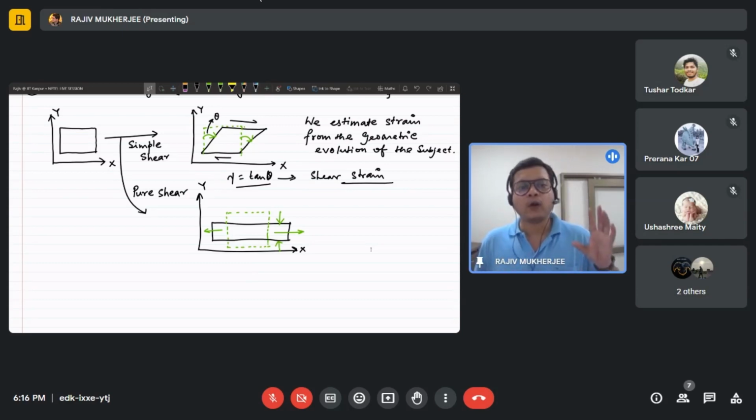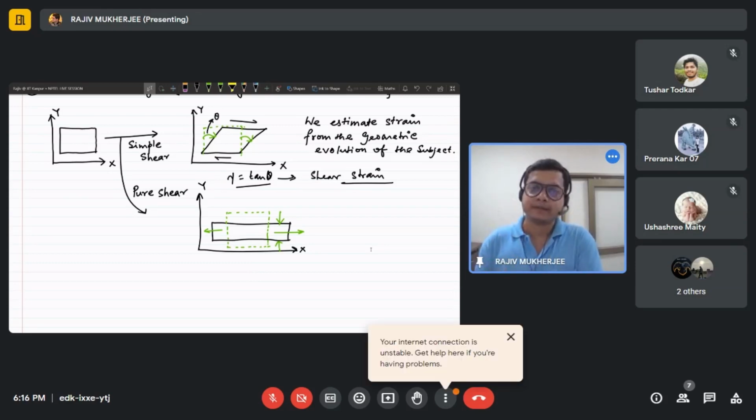So in order to reliably estimate the strain, whether it is simple shear or pure shear, I mean the nature as well as the magnitude of strain, we need some markers. So markers are basically some objects with defined initial geometry.